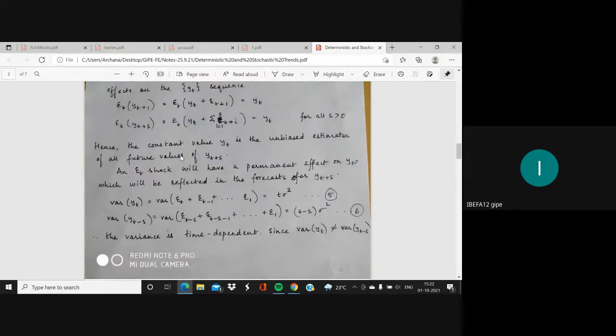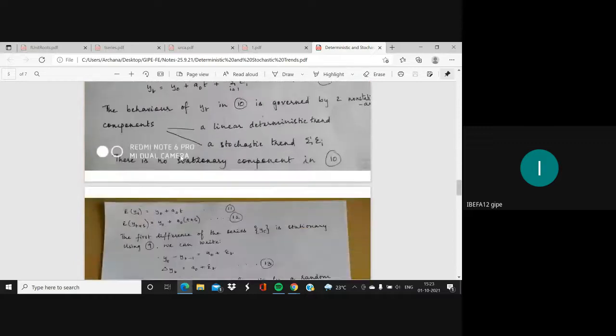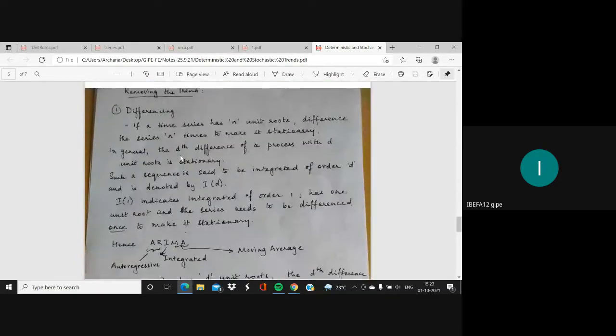So this is also a case of a unit root. Since you have one unit root here, for a random walk model, if you difference the time series once, that makes the time series stationary, which is what has been proved on the previous page.